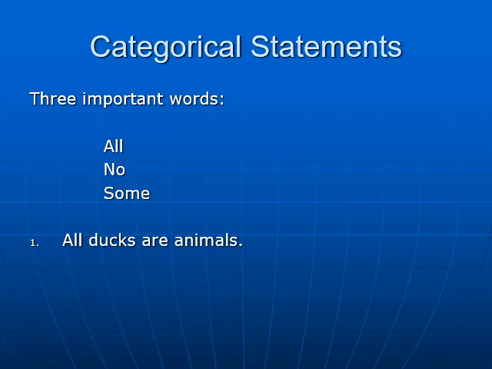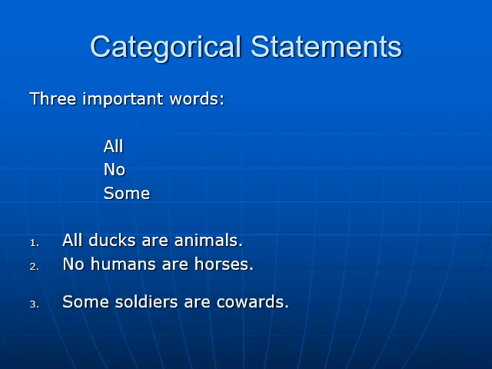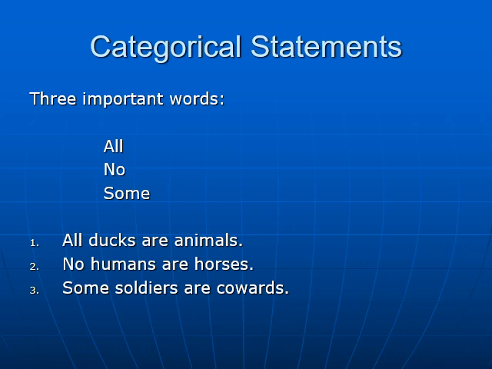In order to have some definite statement, you need these words or something that amounts to the same thing. For example, we can have all ducks are animals. No humans are horses. Some soldiers are cowards, and some particles are not charged. Those are all, as far as I know, true statements.